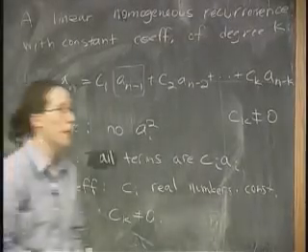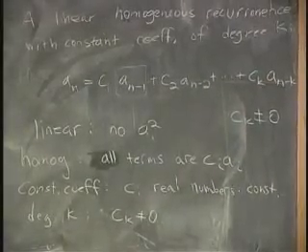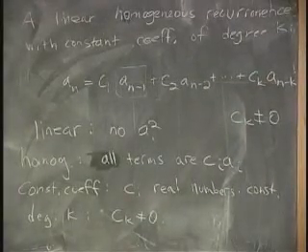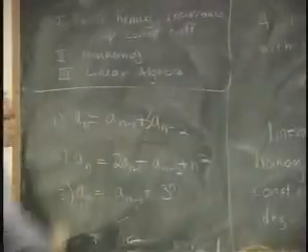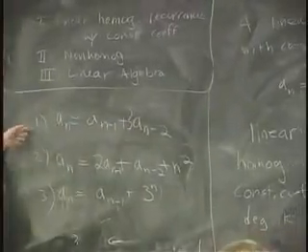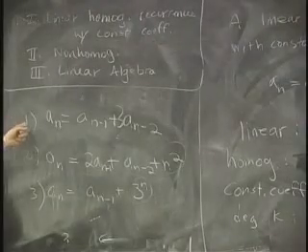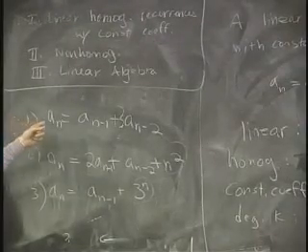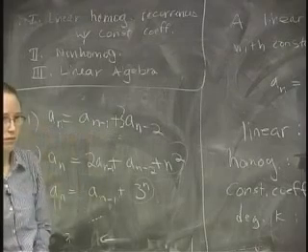Rob? The c_1, c_2, c_k, they can be different from each other? Yes, exactly. The c_i's don't have to equal each other. For example, I can put a 3 here. And then this first example is a linear homogeneous recurrence equation with constant coefficients of degree 2, because I go down 2 steps. You have to be stepping down each n by 1.